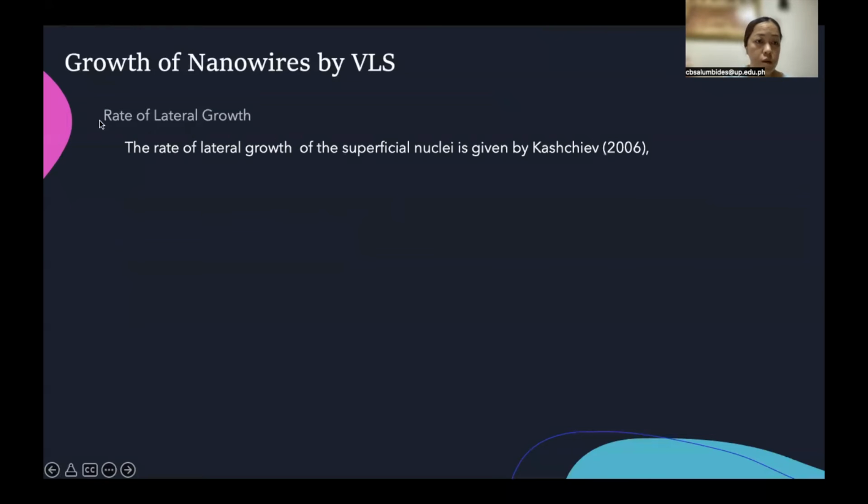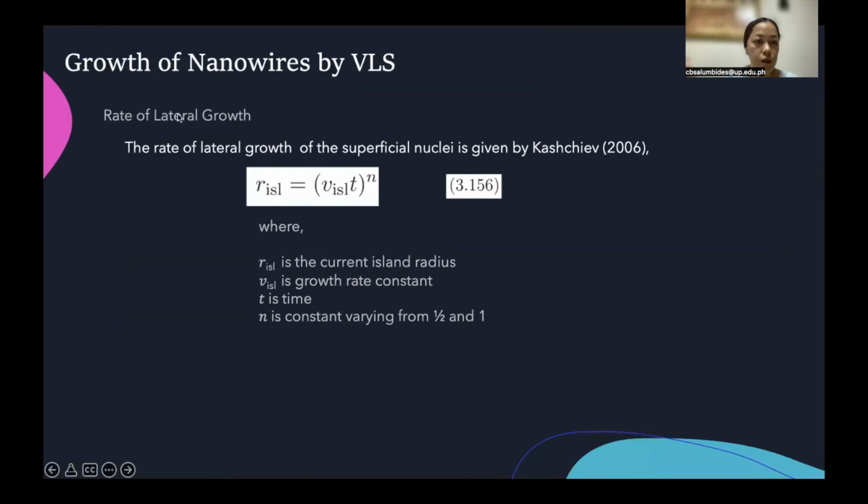The rate of lateral growth of the superficial nuclei is given by Kashchiev. He suggested this analytical approach to the problem, considering that the nucleation rate is constant with respect to time. So in 2006, he suggested that nucleation is progressive with time, and the equation is given by equation 3.156 of the textbook.